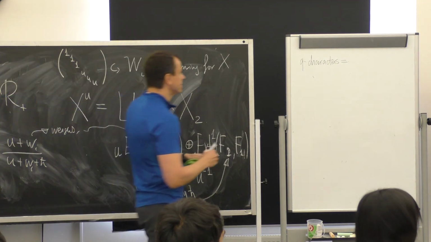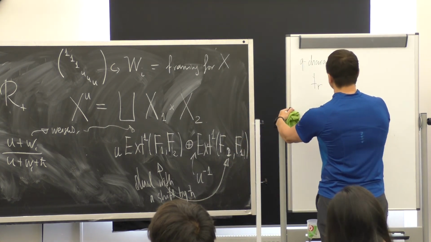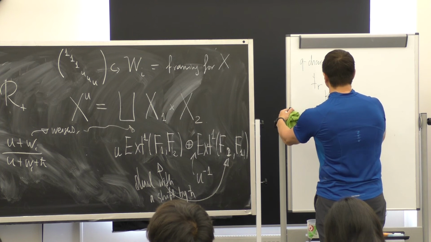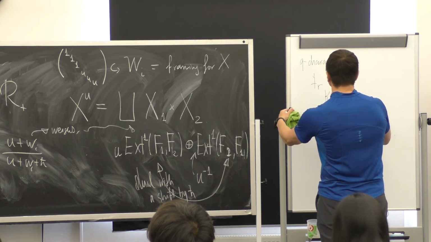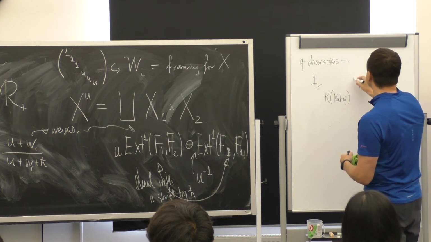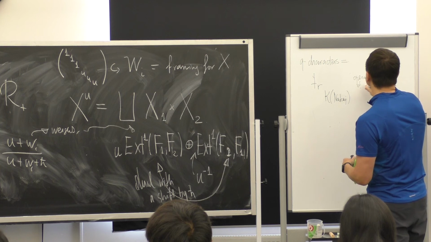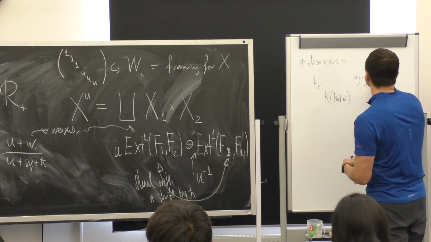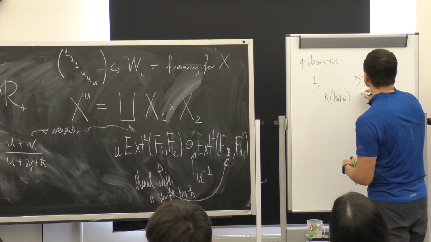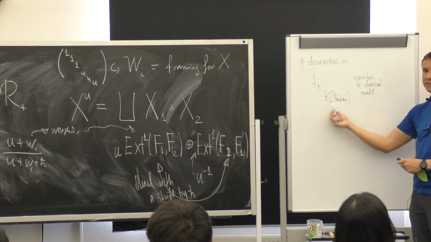Anyway, Q characters are the traces over maybe the K-theory of the Nakajima variety of operators of classical multiplication. K-theory is a ring.